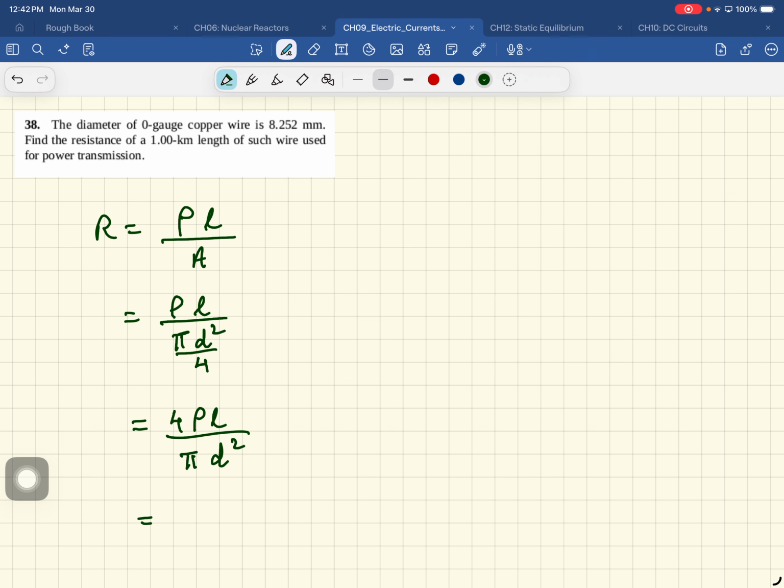So we have to look up the resistivity for copper. Resistivity for copper.